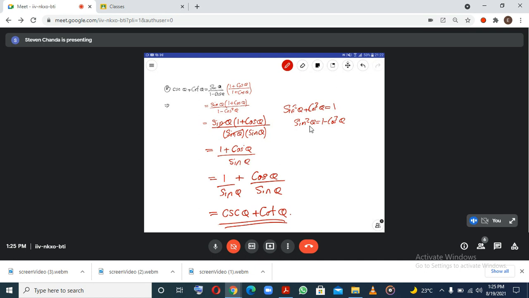But before we look at the double angle identities, let's look at what we call the sum and difference formulae. There are going to be times where you have to calculate, let's say, sine 15.